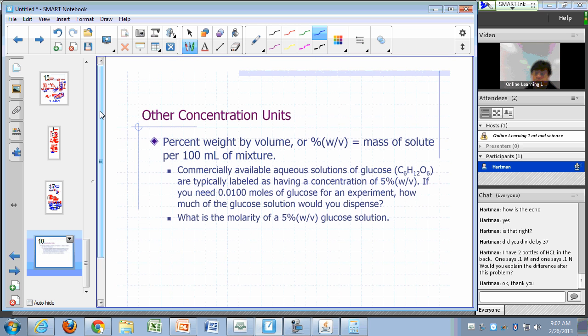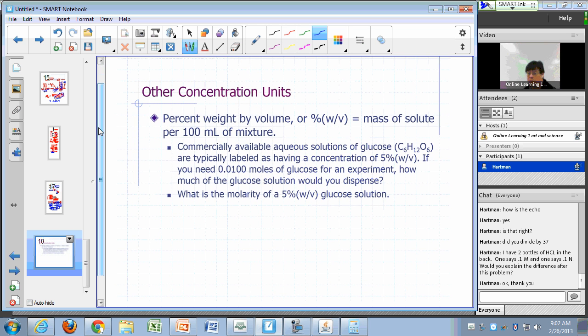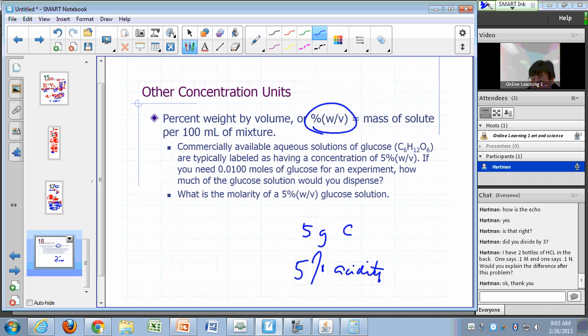Another concentration unit you might encounter is called percent weight by volume. For example, if you see a bottle of vinegar at the grocery, it will tell you it's 5% acidity. And that simply means that it has 5 grams of your solute, which in this case is acetic acid, CH3COOH.